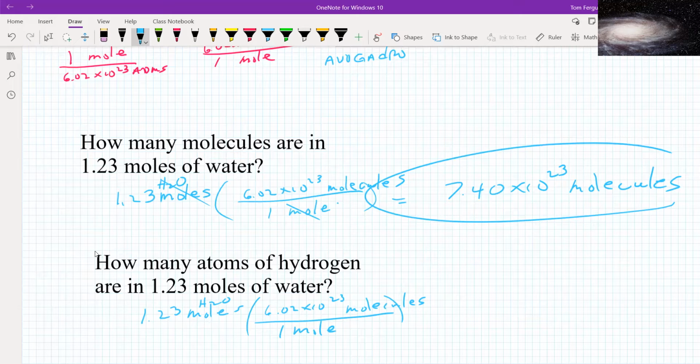Because I told you we had 1.23 moles of water. So the only way to find atoms is to find the molecules of H2O first. Then we can convert to atoms. So once this all cancels out and we've done the calculation, we have so many molecules of water.